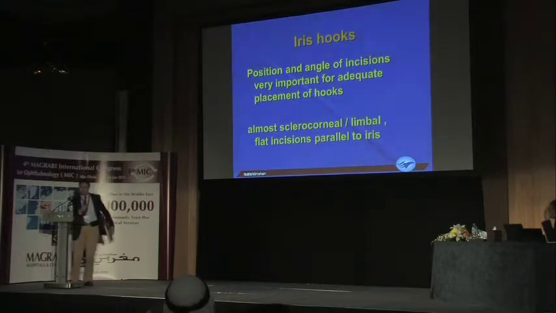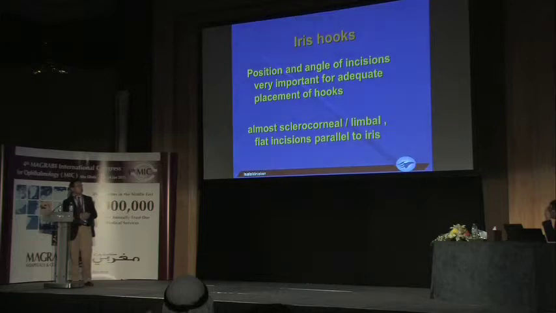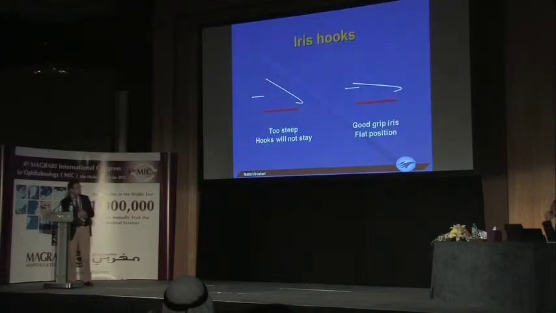Most of you use iris hooks. I have used them in the past. Just the one thing not everybody really uses is that the position and the angle are quite crucial, meaning that you need them to create the incisions really peripheral so that you have a flat angle of attack where you get an easier engagement of the iris.